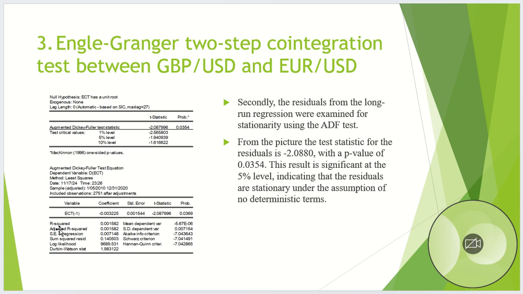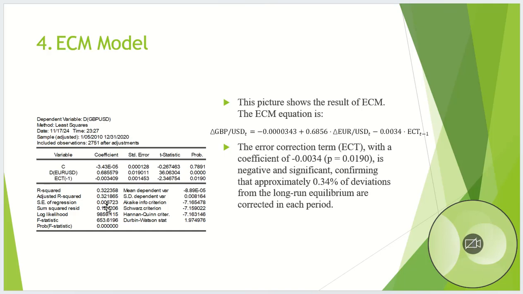Secondly, the residuals from the long-run regression were examined using the ADF unit root test. From the picture, the test statistic from the residuals is -2.0880, with a p-value of 0.0354. This result is significant at the 5% level, indicating that the residuals are stationary under the assumption of non-deterministic terms. After that, we can use the ECM model.